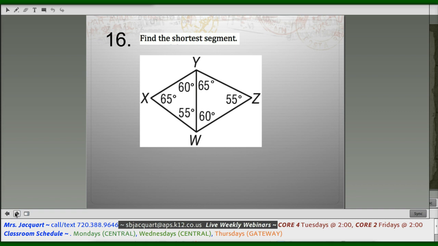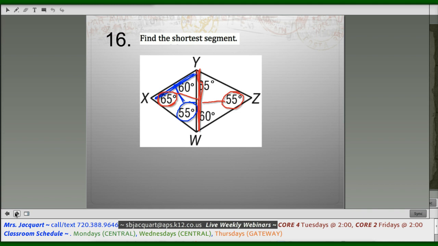Okay, find the shortest segment. So what I'm going to do is I'm going to look. Here's my shortest angle, and that's its shortest segment. Here is my shortest angle, and that is its shortest segment. However, this red line is also opposite my 65.